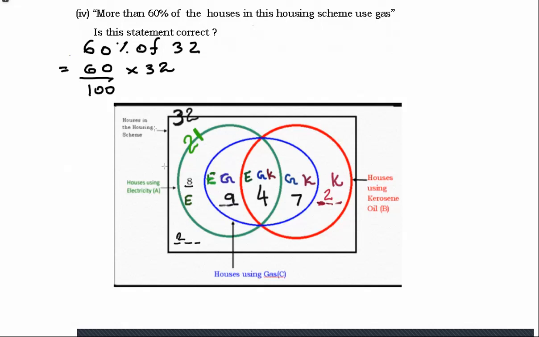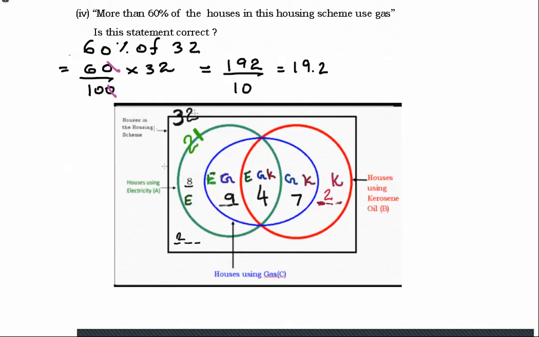What would that give you? 6 times 32, that's going to be 192 over 10. That's 19.2, right? So 60% of 32 is 19.2.